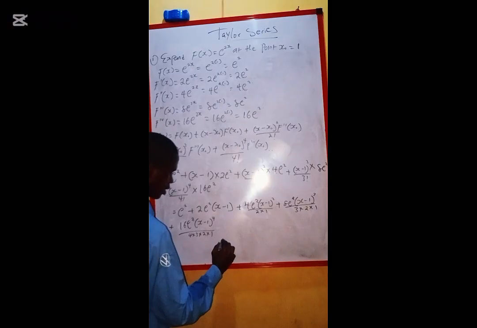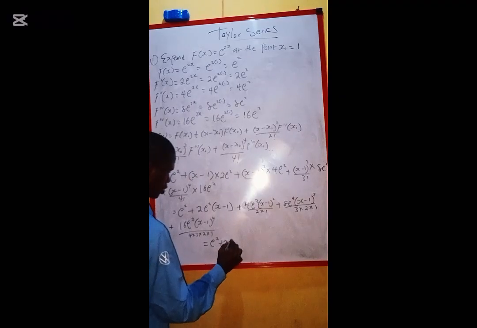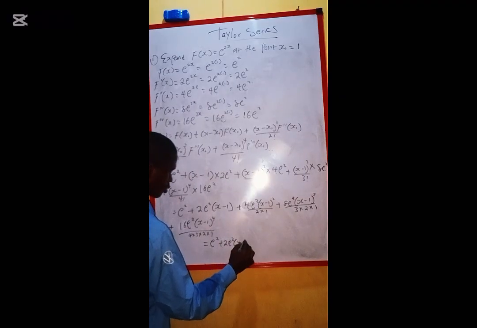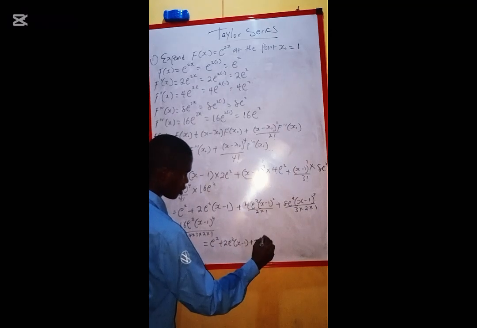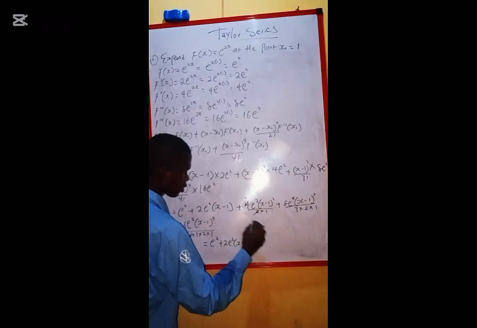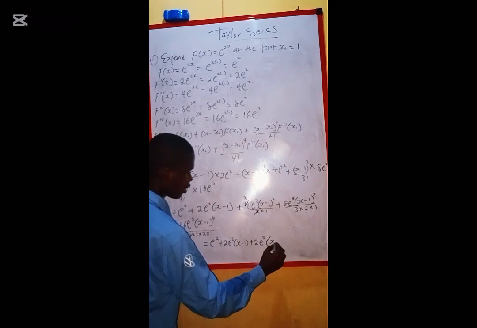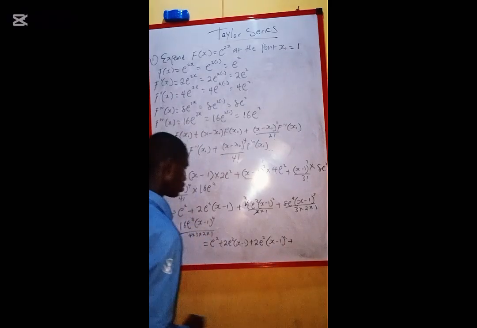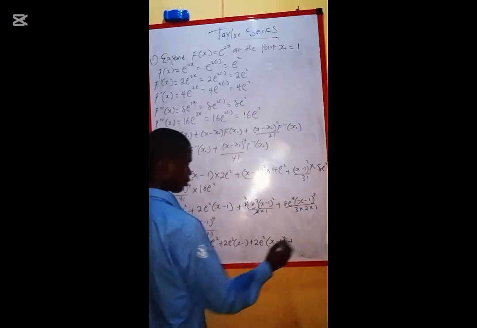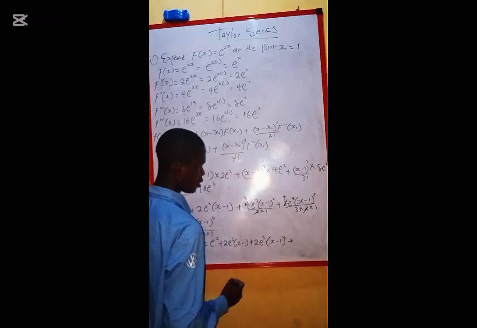So therefore our answer will be e squared plus 2e squared (x minus 1) plus, 2 cuts out 4, that makes 2e squared (x minus 1) squared, plus, 2 cancels to make 4, right?